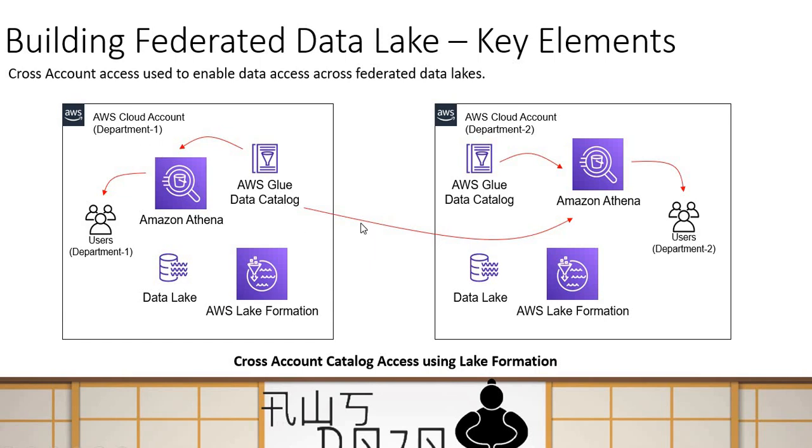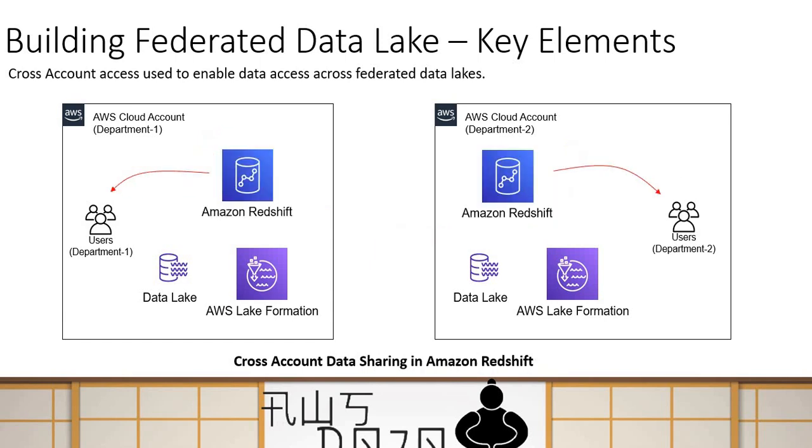And this access doesn't mean that I'm copying this data from here to here. No, not at all. The data is still residing over here. I'm just providing cross-account, cross-data lake access for department 2 users on a department 1 data lake for certain tables. Okay, so this is possible, which allows using AWS Lake Formation to do cross-account catalog access.